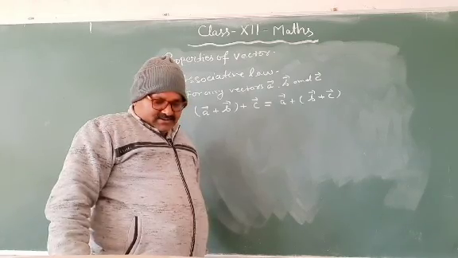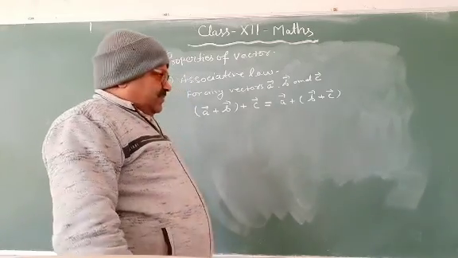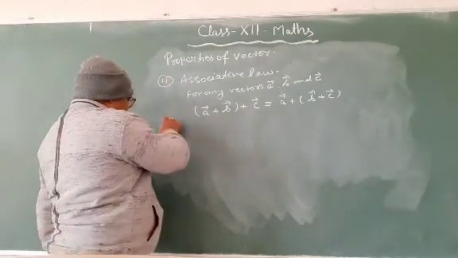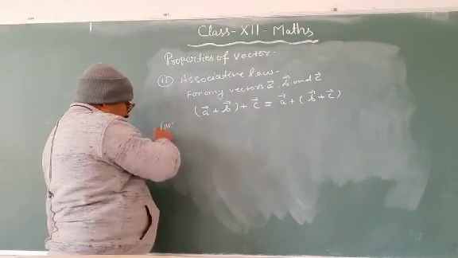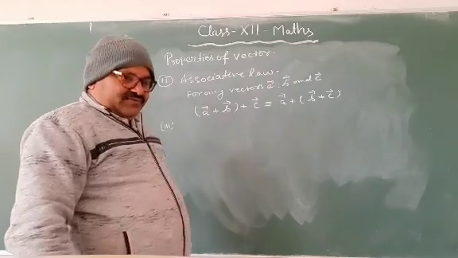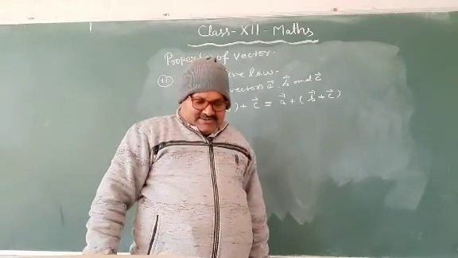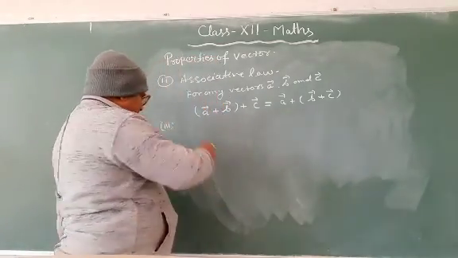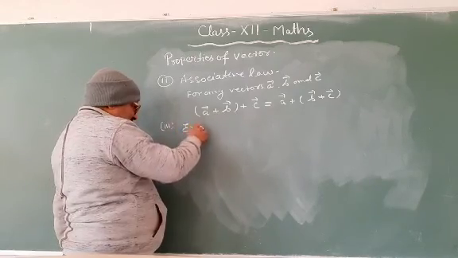And the third property, property number three, is the existence of additive identity.